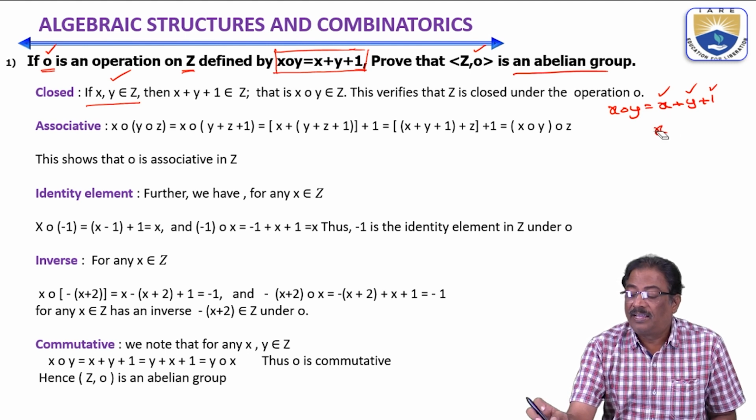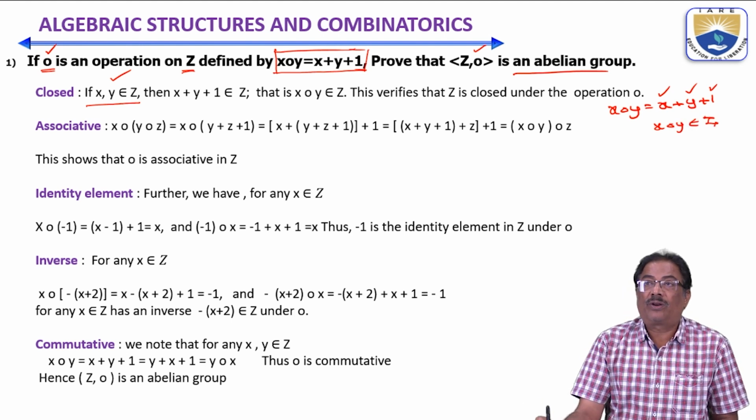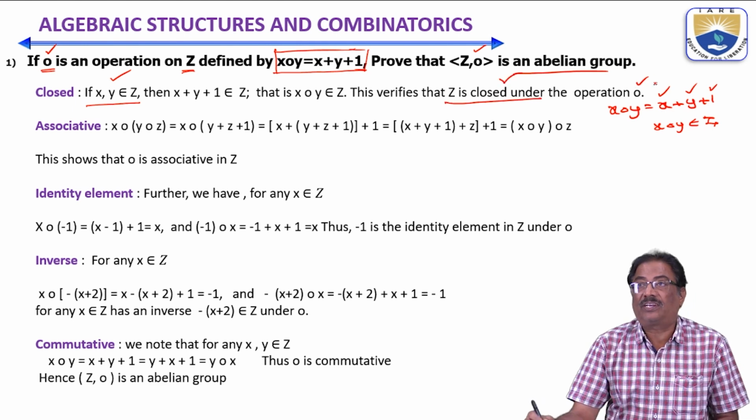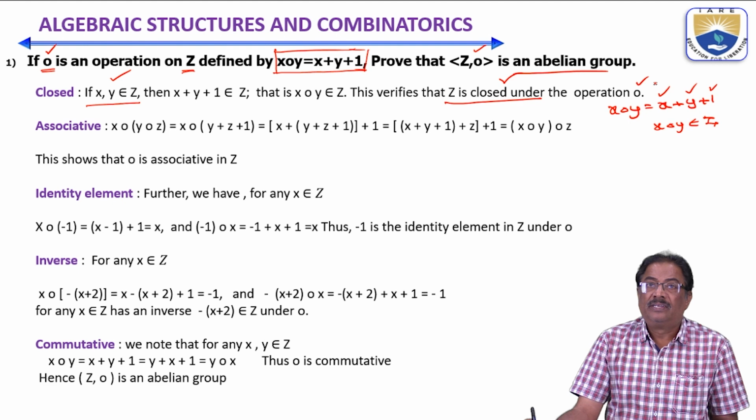So we can say that x circle y belongs to Z. So Z is closed under the binary operation circle.